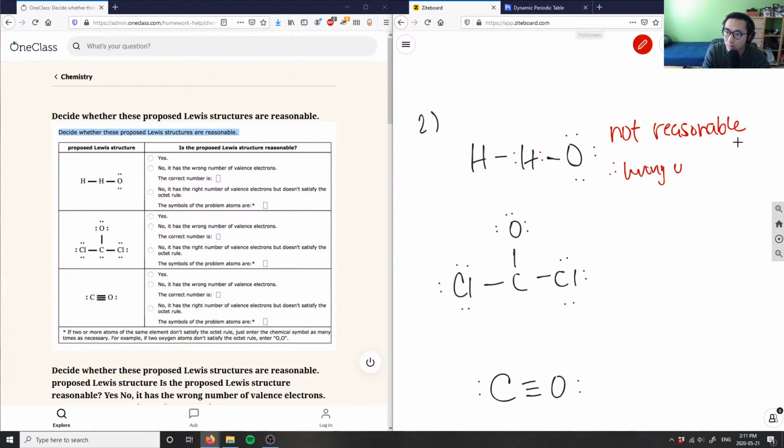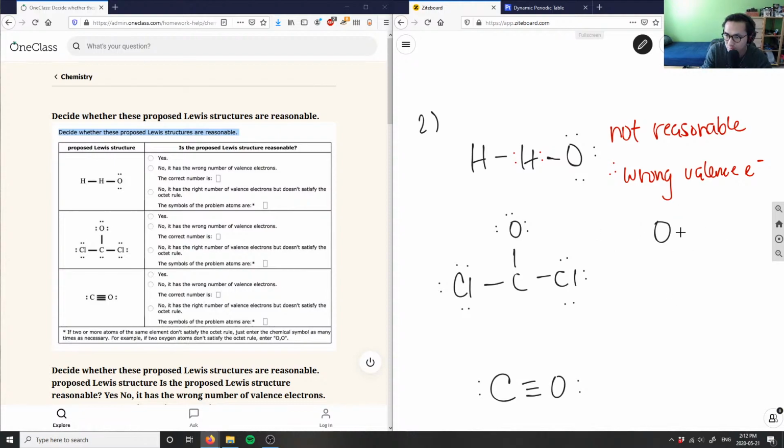Wrong valence e minus. And the correct symbol here is actually H2O, right? And we know that oxygen, the most negative atom, is going to go in the middle, and then it's going to be bonded to 1 H here and 1 H here, and it's actually bent. The structure is actually bent.